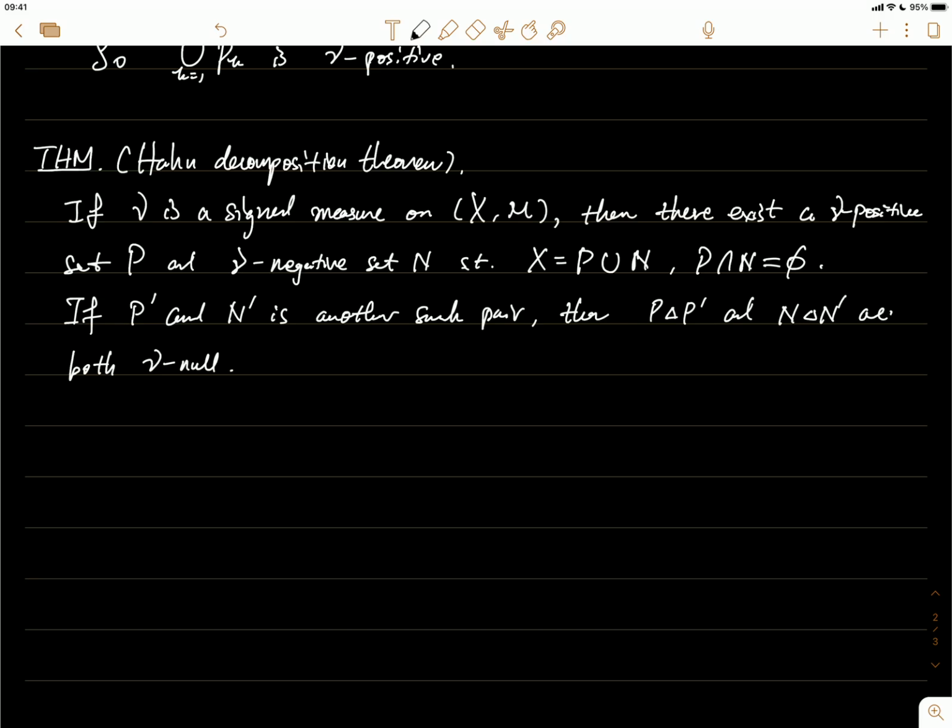And for simplicity, later we'll call this pair of decomposition the Hahn decomposition of the signed measure nu.